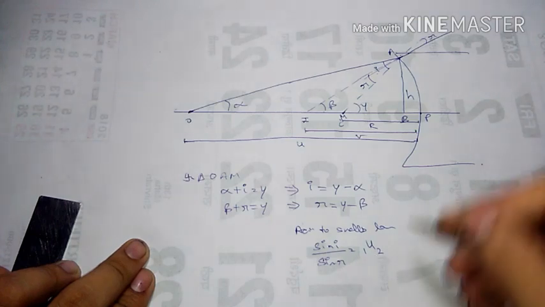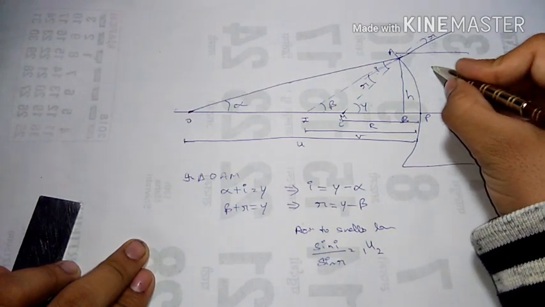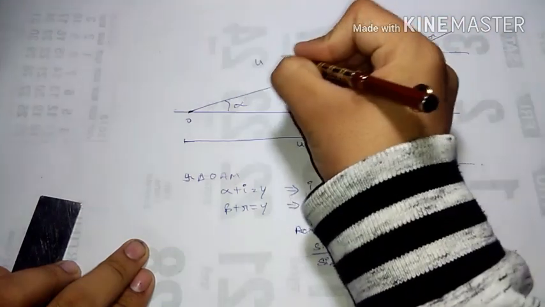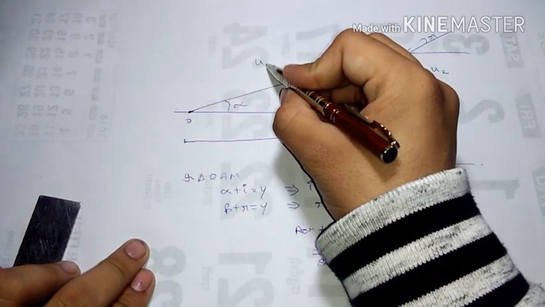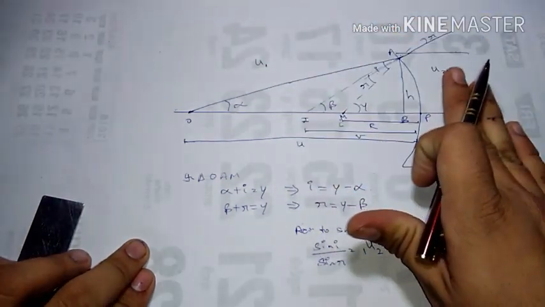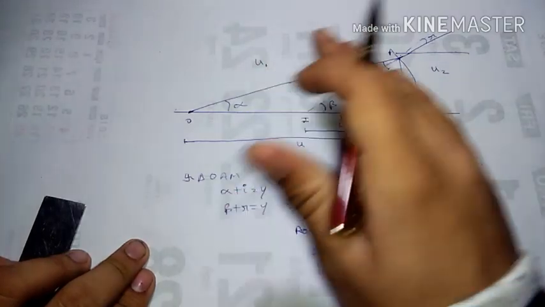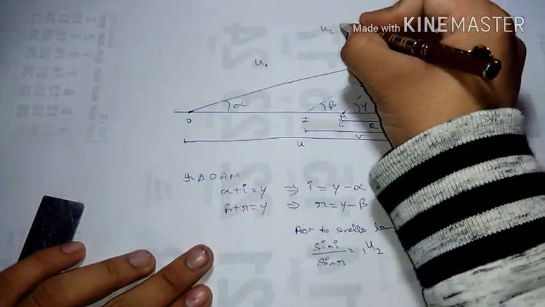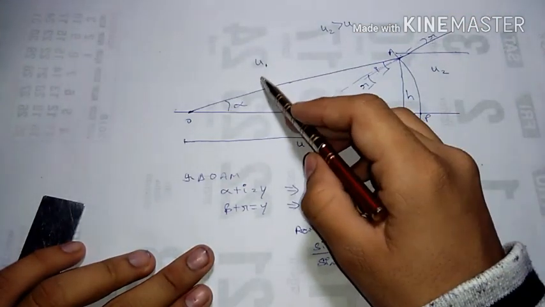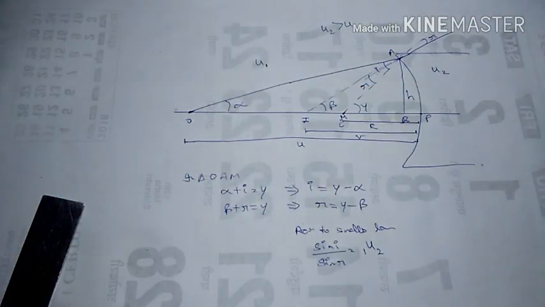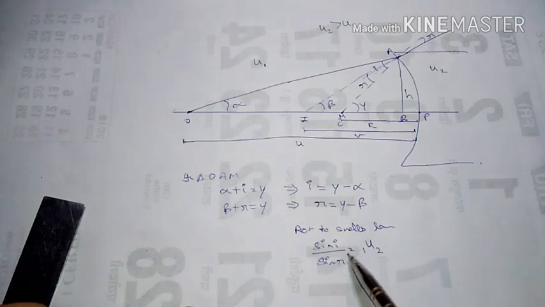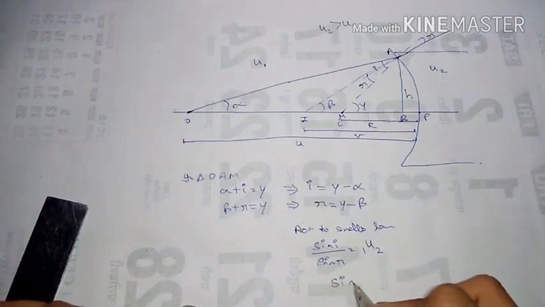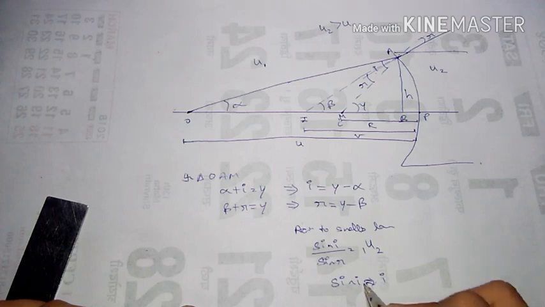I forgot to tell you one thing: the refractive index of the concave surface is mu 2, and the refractive index of the outer medium is mu 1, such that mu 2 is greater than mu 1, meaning it is a denser medium. So sin i over sin r will be equal to 1 mu 2, as we know that the ray is going from mu 1 to mu 2.